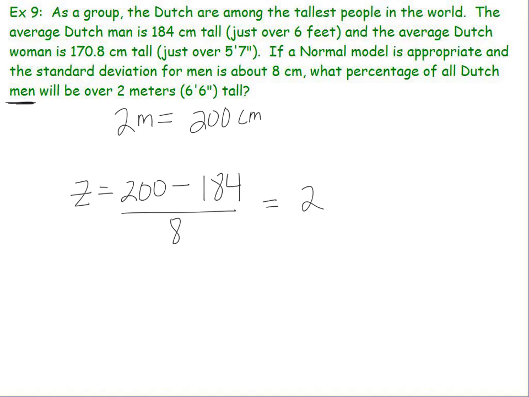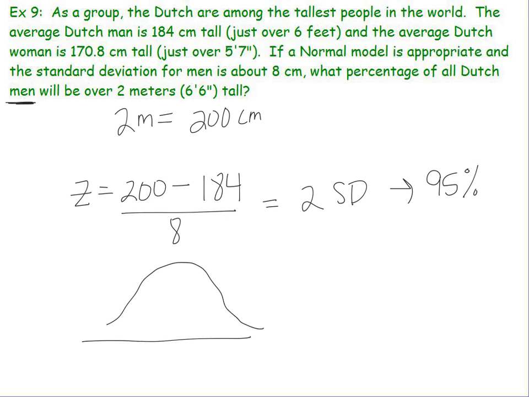Now remember, z-scores are standard deviations. Well, 2 standard deviations is that 95% cutoff. But we want to know what percent of all Dutch men are over 2 meters. So if we're thinking about our curve, the mean's in the middle, that was the 184, and we went out 1 standard deviation in each direction.